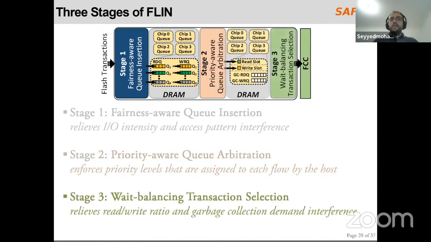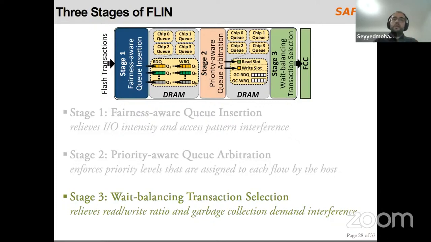In stage 3, the goal is to handle read-write ratio and garbage collection demand interference. So we do weight balancing transaction selection. We estimate the slowdown of that request, and we can issue read requests or prioritize read requests as much as possible, unless we observe that a write request is waiting a lot, and the slowdown of that write request is becoming higher than the read request.